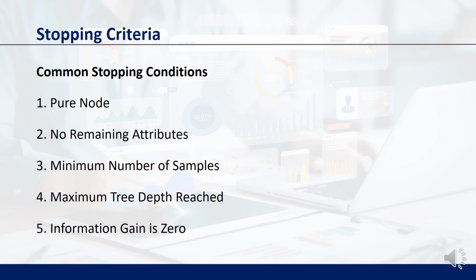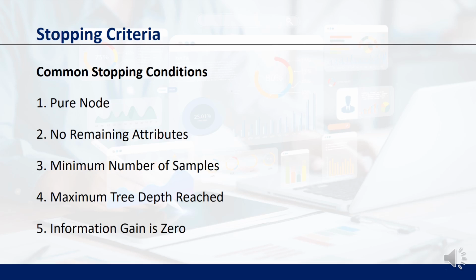There are several common stopping criteria. The first is pure node. If all records in a node belong to the same class, there is no reason to continue splitting. Second, no remaining attributes. If there are no useful attributes left for splitting, we stop. Third, minimum number of samples.